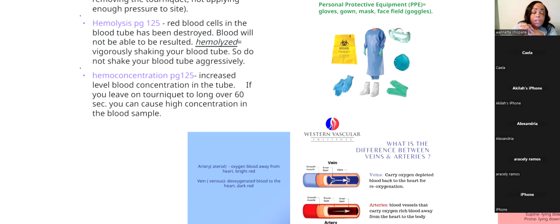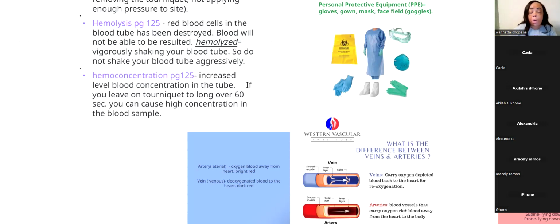Well, vigorously, Akila asked me to demonstrate vigorously shaking the tube. Vigorously shaking the tube is just shaking it at a fast pace and at a heavy rate. When I showed you how to invert the tube in a figure 8 motion, gently side to side, just remember gently, because when you're tested, it's not going to be a person demonstrating vigorously shaking the tube.